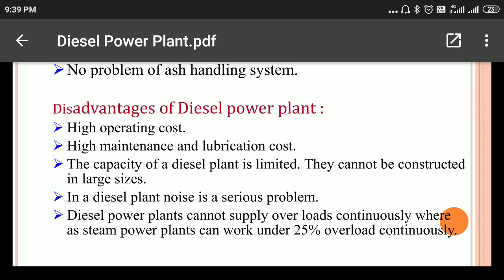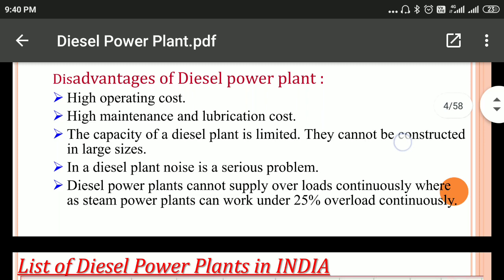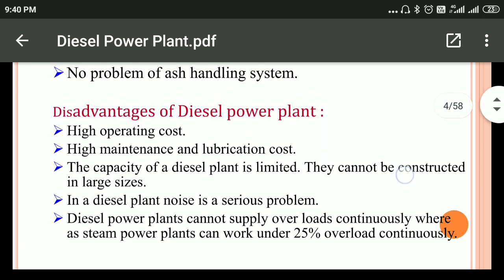Lubrication and maintenance cost is very high, because it has movable and rotating parts. Capacity is limited; we cannot construct a diesel power plant on a large scale. So it can be used for peak load plants, not for base load plants.